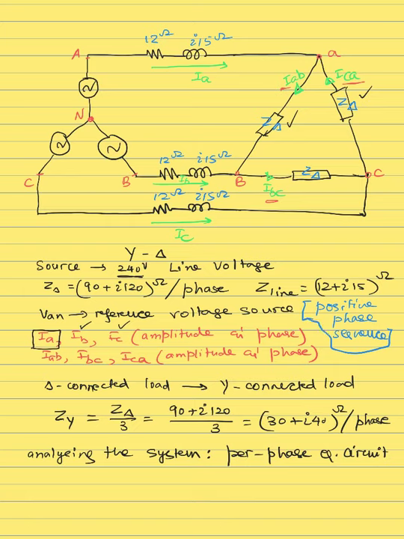All right, so let's see the per phase equivalent circuit. We're going to choose to draw phase A. The per phase equivalent circuit will have the source from only one phase, phase A, the line impedance for that phase, and the load impedance for that phase as well, but only for Y. You cannot do it for delta.